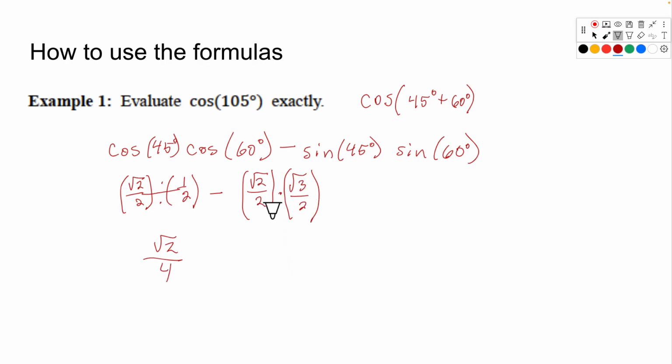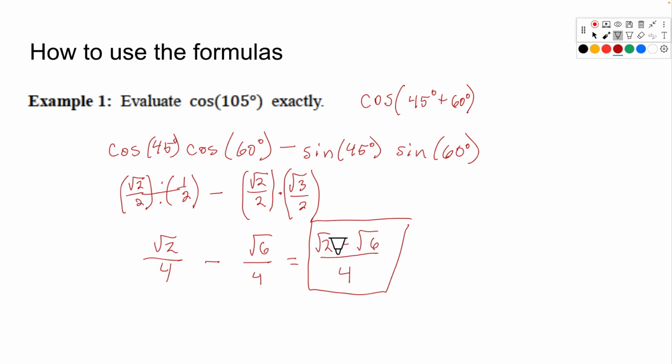This second part, square root of 2 times square root of 3, is going to be the square root of 6, because you can bring them inside, 2 times 3, so square root of 6 over 4. Now when you're subtracting fractions, they've got a common denominator already. That's good. And so we get square root of 2 minus the square root of 6, all over 4.